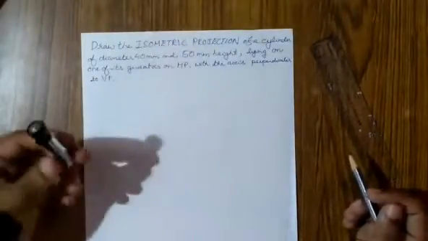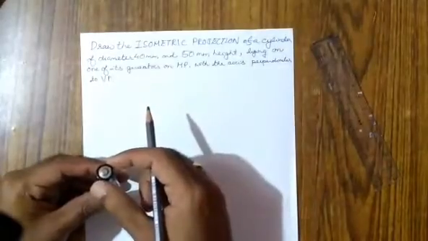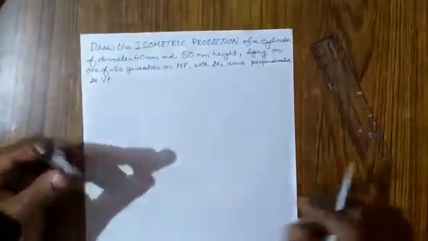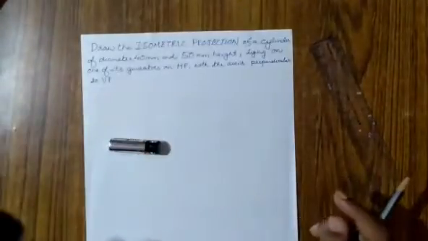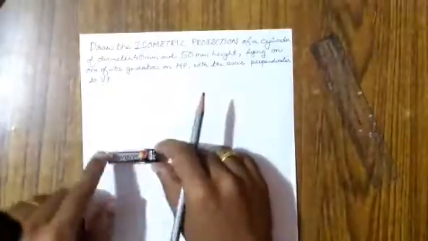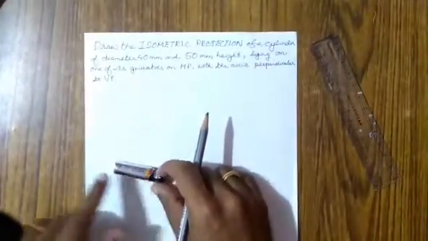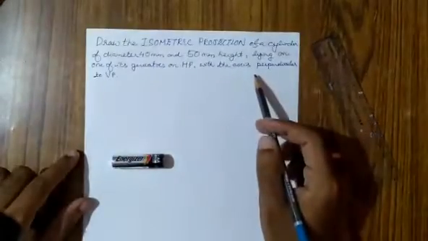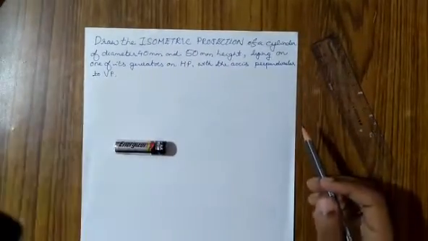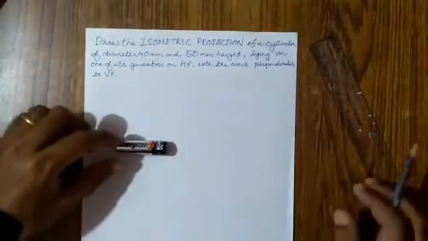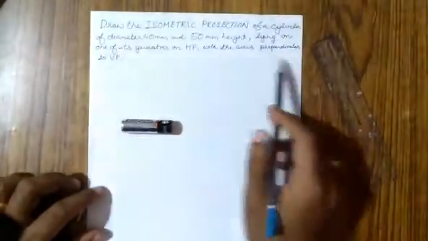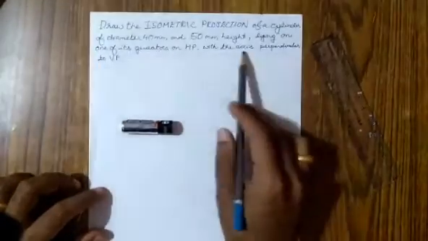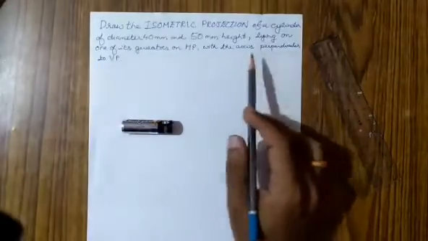So you have a cylinder, with dimensions 40 mm diameter and 50 mm height, lying on one of its generators. As we know, these are all the generators. It is lying on one of its generators on HP, and the axis, they have said, is perpendicular to VP.